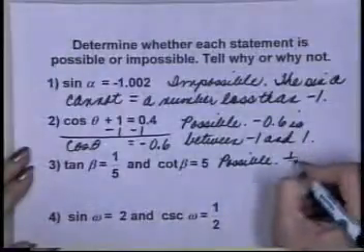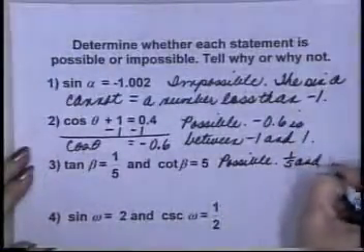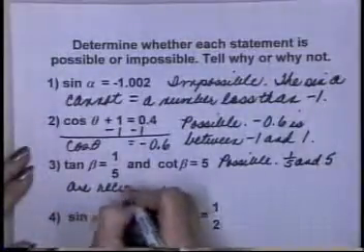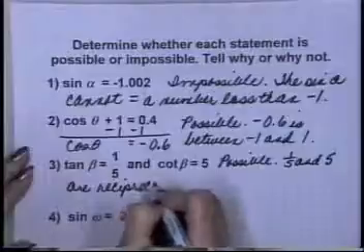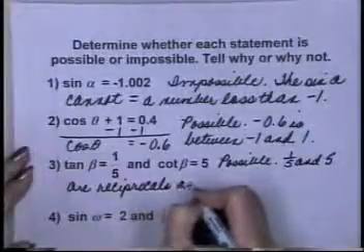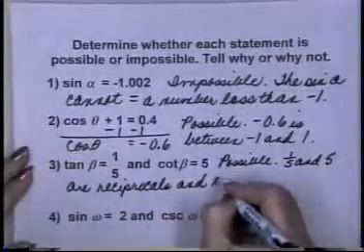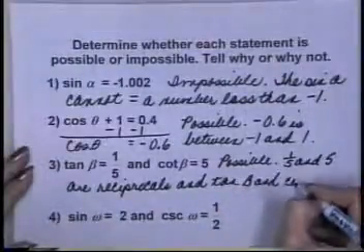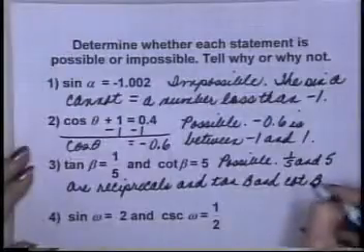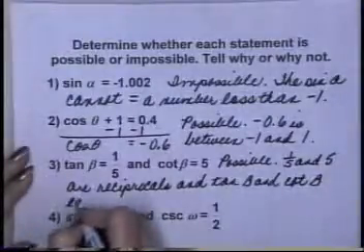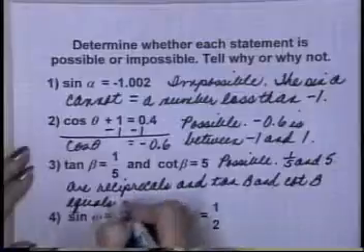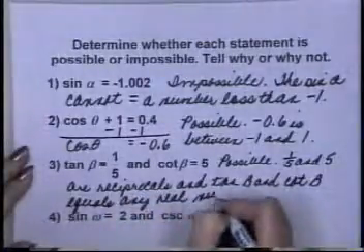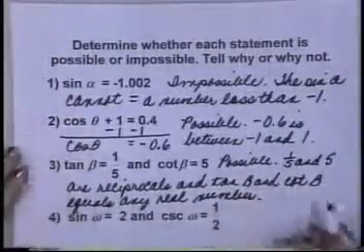The reason: 1/5 and 5 are reciprocals, and tangent beta and cotangent beta equal any real number.